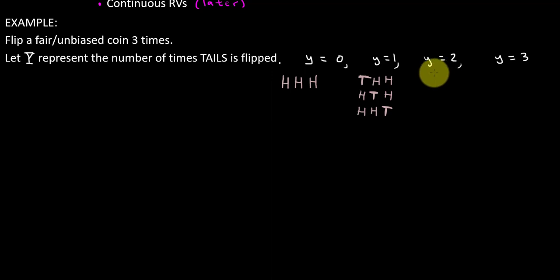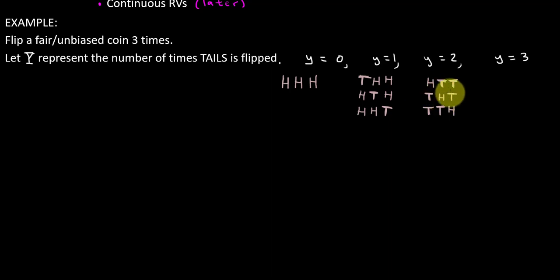Let's go to 2 tails. Two tails, that can be heads, tails, tails. I'm basically going to do the flip of what we got here. Two tails, which is one head. That one head could be on the first flip, on the second, or on the third. So we've got HTT, THT.